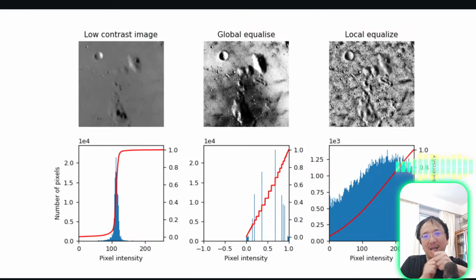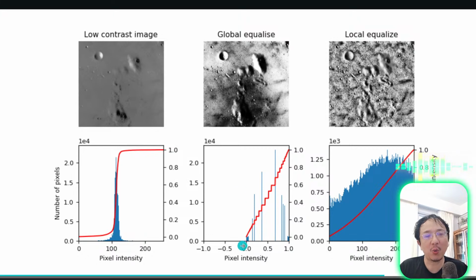So we can extend the histogram, here is the histogram, as much as possible, to make the image be seen more clearly, because we are utilizing the whole possible range of the lightness, the brightness.